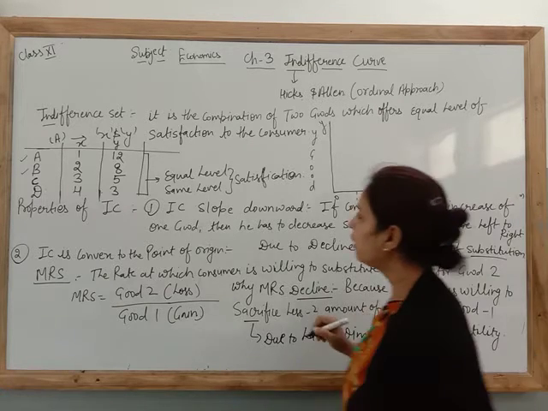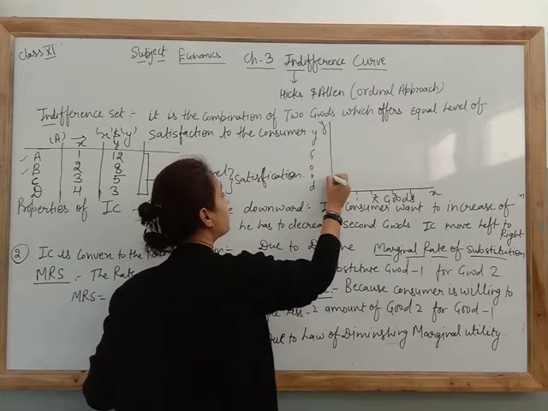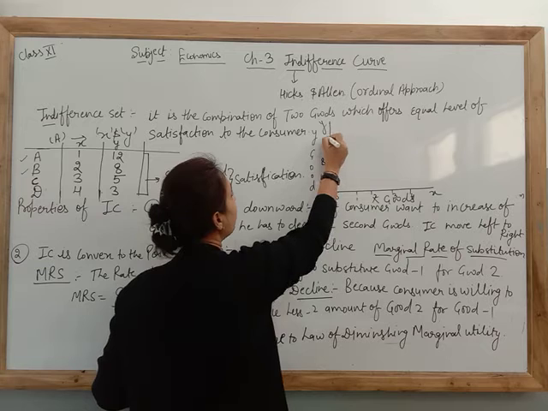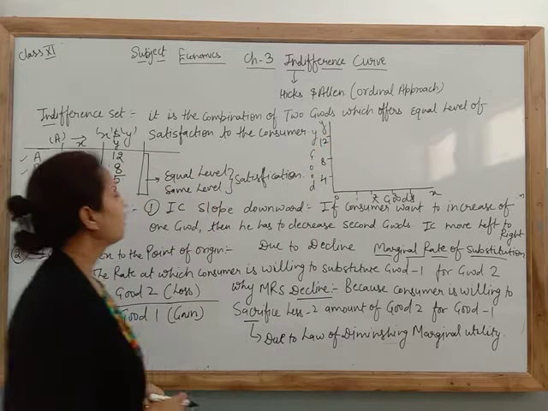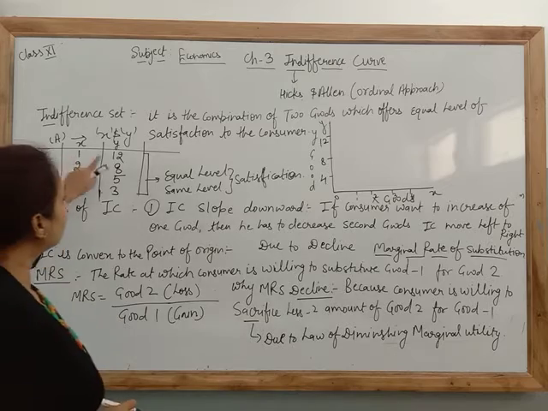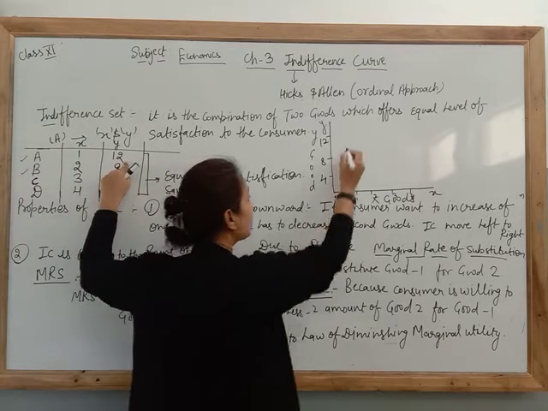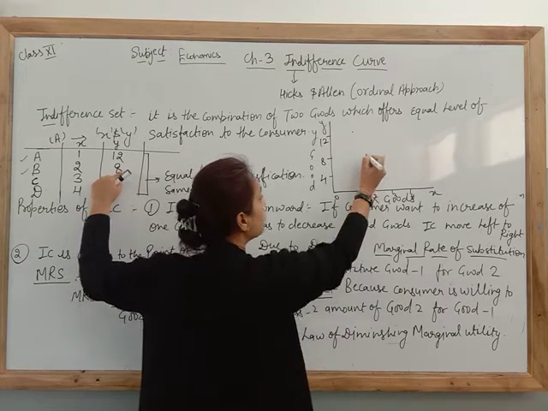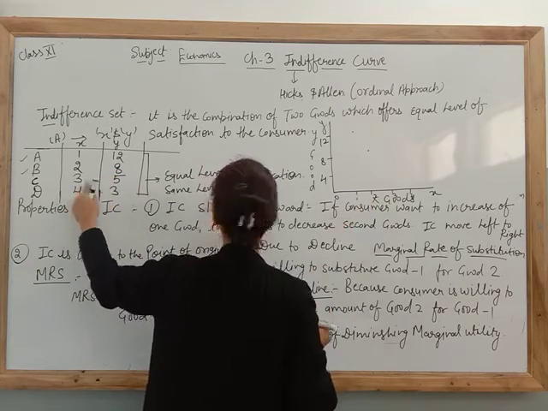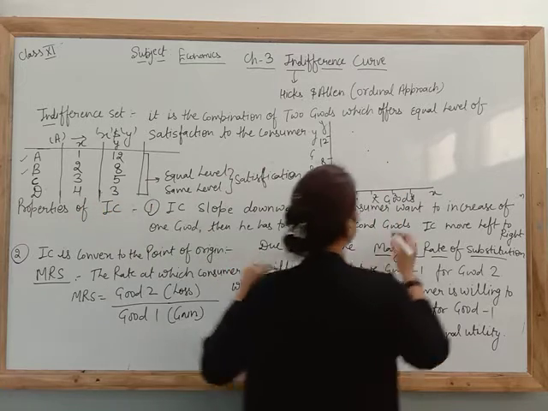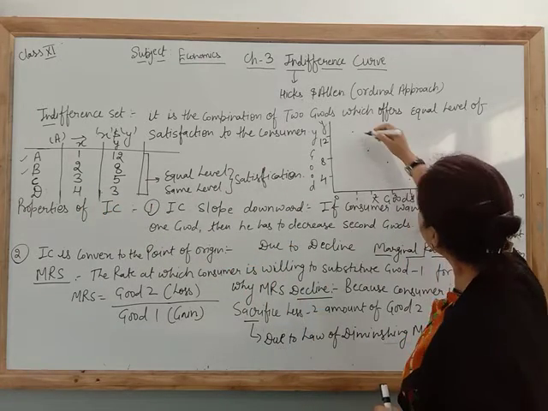And here we are going to take a difference of 4, 8 and 12. You can take a minimum difference also, a difference of 2. At 1 he is going to select 12. At 2 he is going to select 8. At 3 he is going to select 5 and at 4 he is going to select 3. Clear?